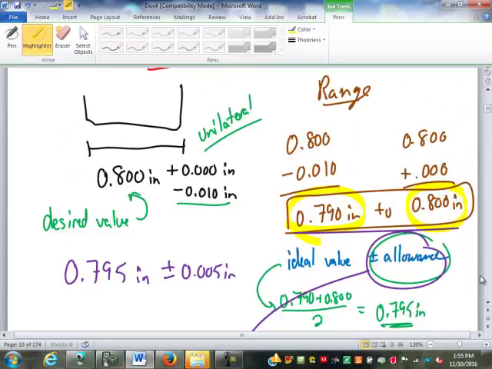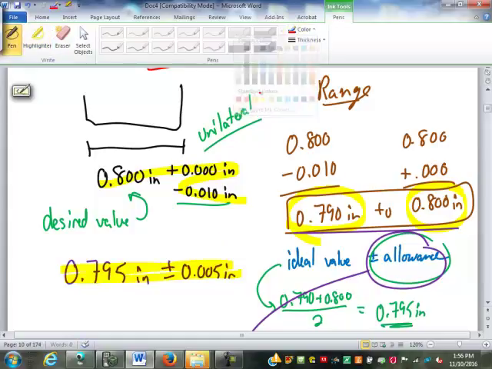So here's my question for you. Why do I write it like this instead of like this? Well, because I really do want that 0.800 inches. I don't want 0.795 inches. And when you go to manufacture it, the machine you're using to fabricate this has some sort of capability.